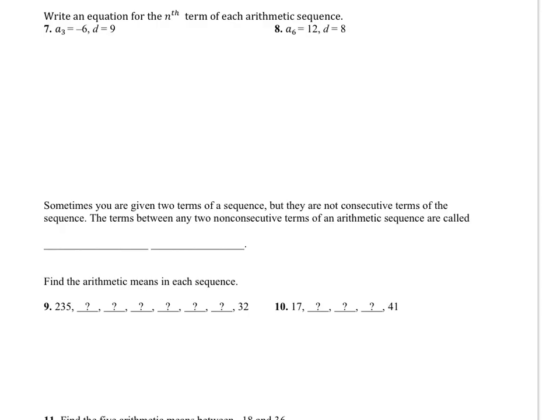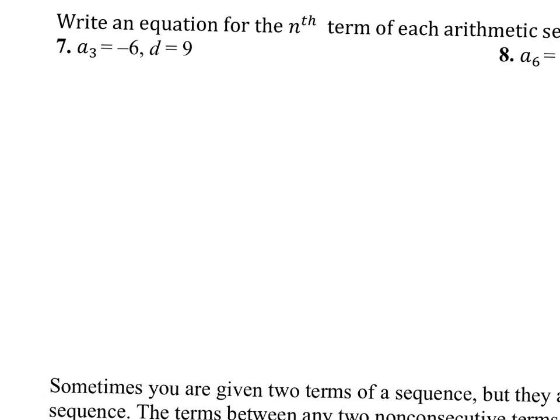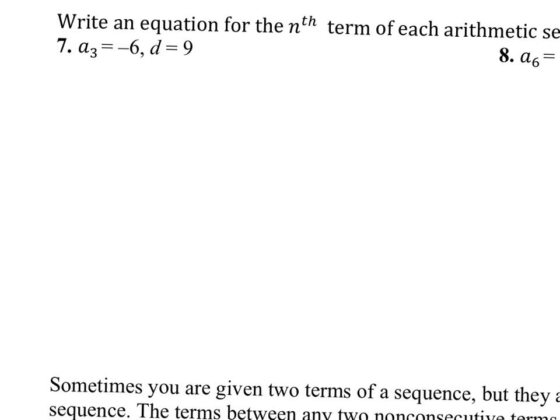Okay, for number 7, looks like we're doing the same thing, except now we're given some different information. We know A3 is -6 and D equals 9.